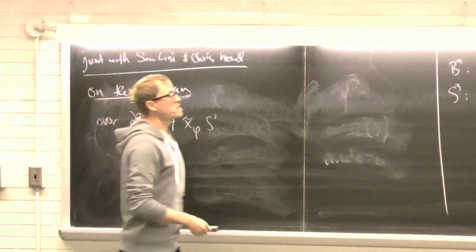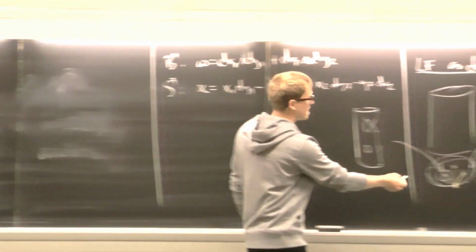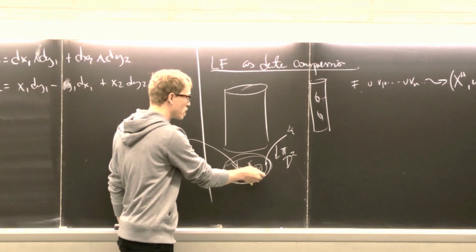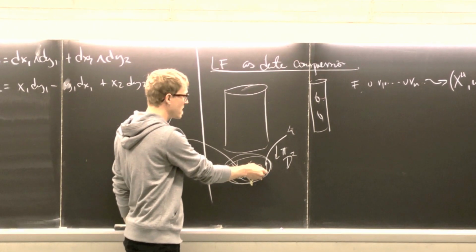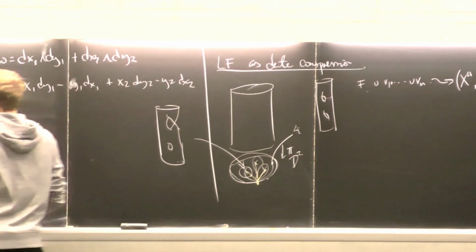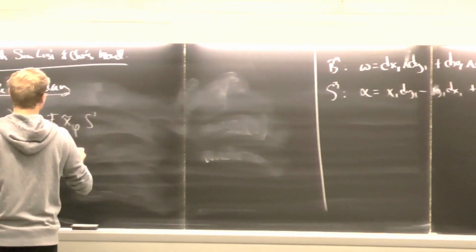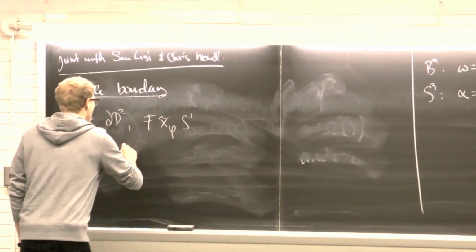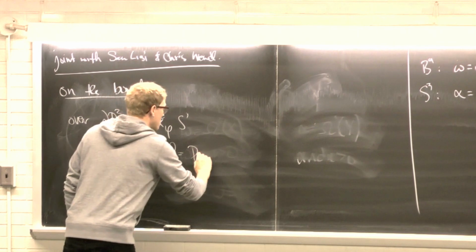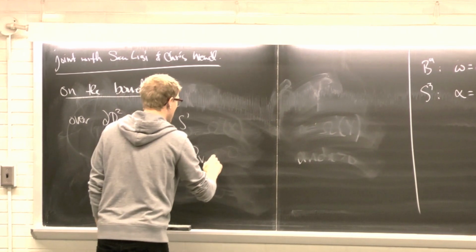And the monodromy is determined by these vanishing cycles right here. If I go around this singular fiber, I get a Dehn twist about this vanishing cycle. If I go around this one, I'll get another Dehn twist, and so on. And so the monodromy of this bundle is given by just the product of Dehn twists about these vanishing cycles.